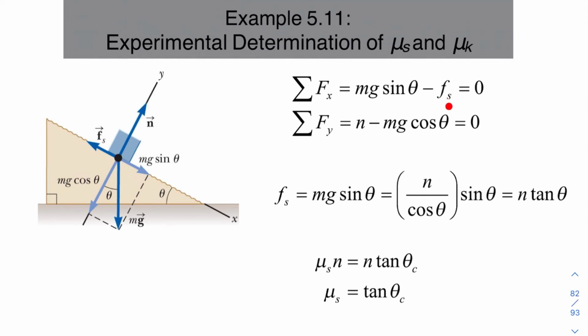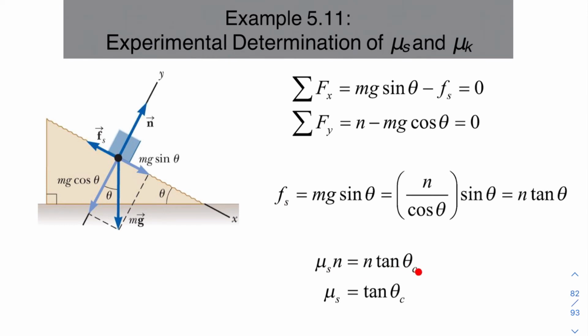So from here, to determine fs, it is equivalent to mg sin theta. And mg is coming from the y component. Mg is equivalent to n over cos theta. So if you substitute it here, you may simplify, sine over cos is tangent theta. So again, what is fs? Recall back, fs is mu s n, equivalent to n tangent theta.